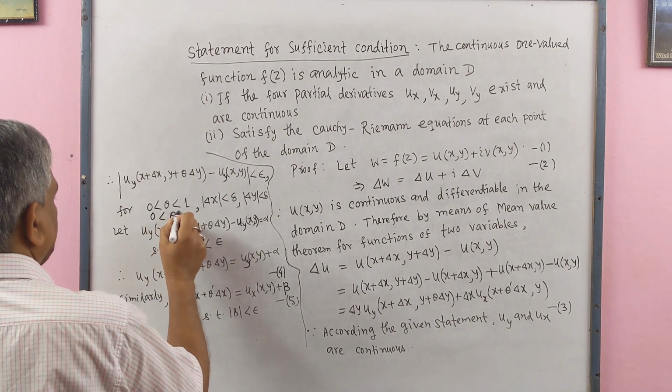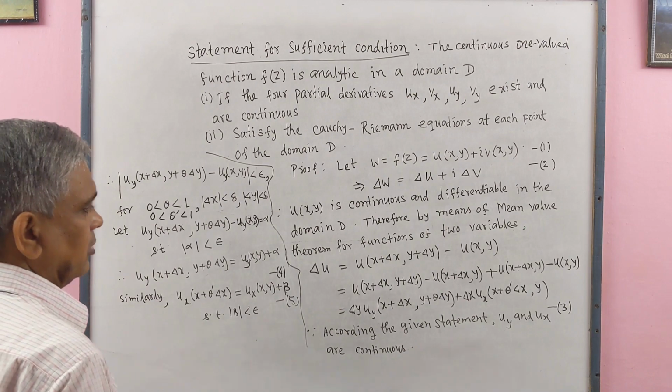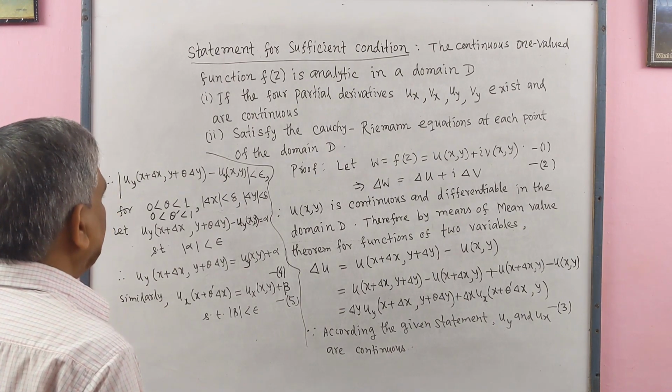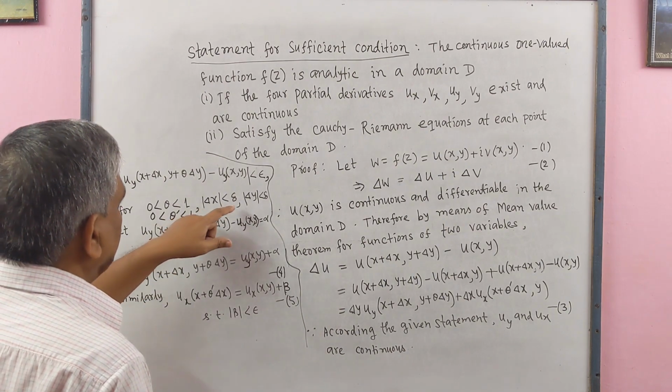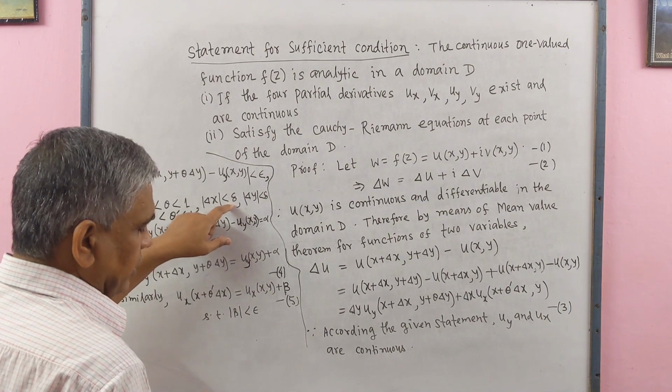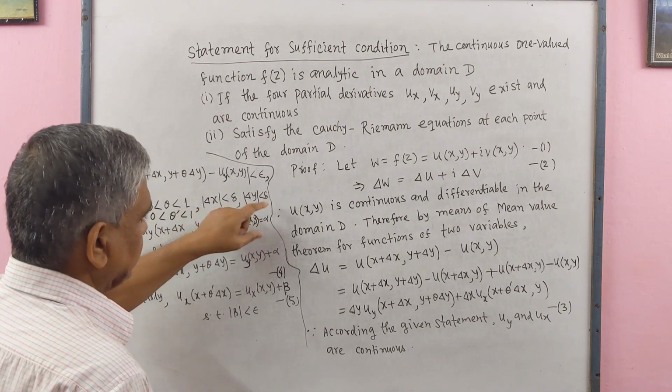θ' is less than 1, and modulus of delta x less than delta and modulus of delta y less than delta.